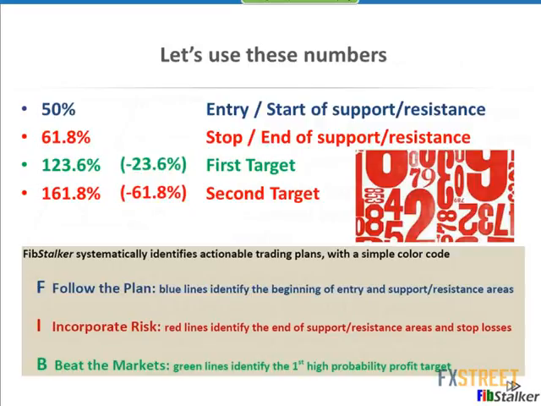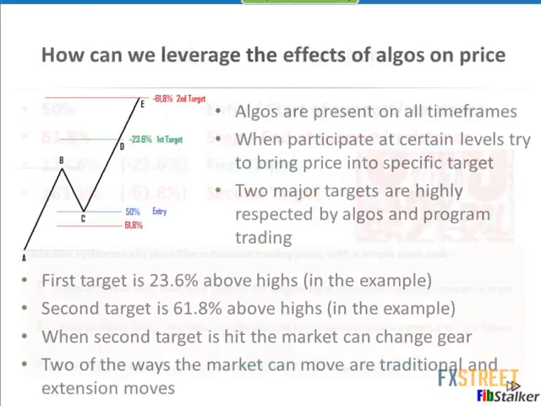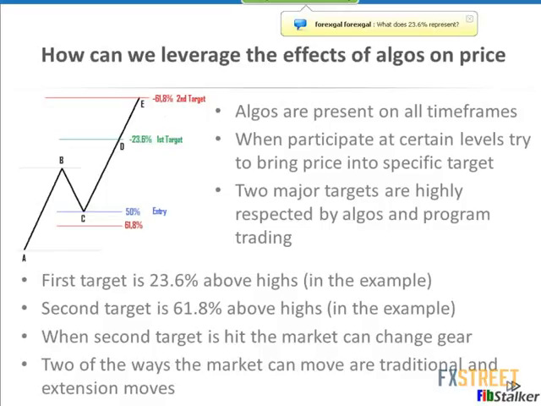By using these numbers, we can actually find ways to spot effects on price from program trading. And the way we do this is by measuring and by framing price structure and algos. When algos participate, very often they will participate at the 50% retracement.